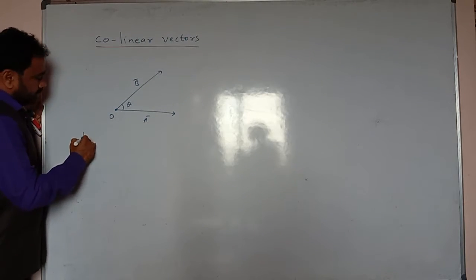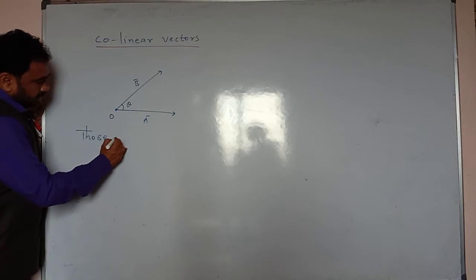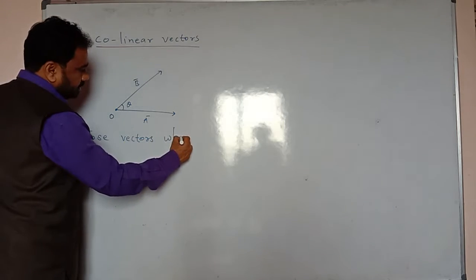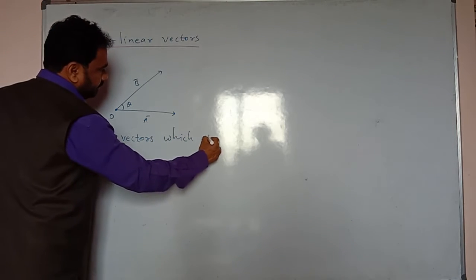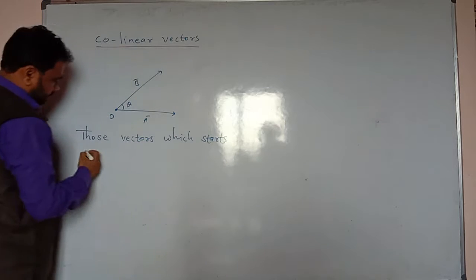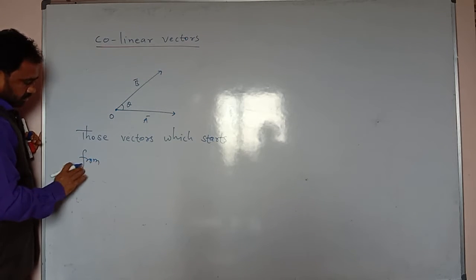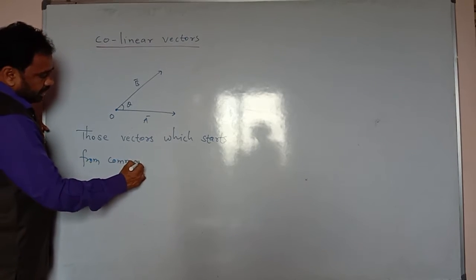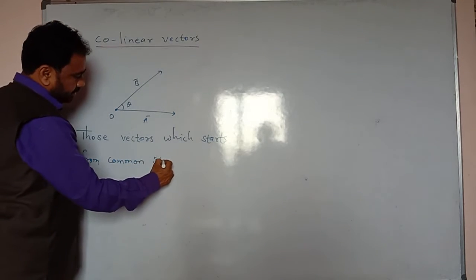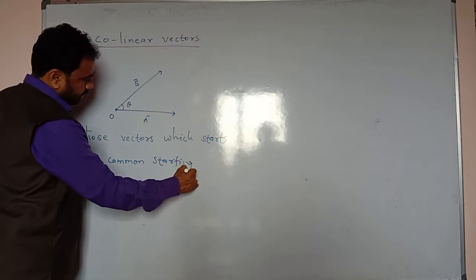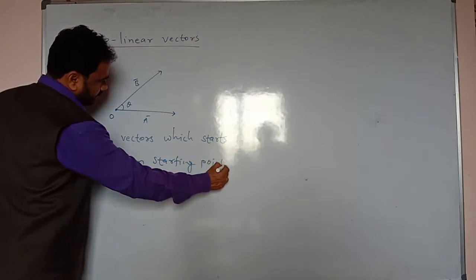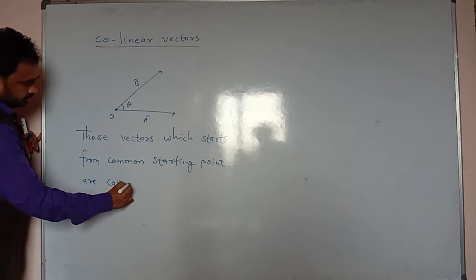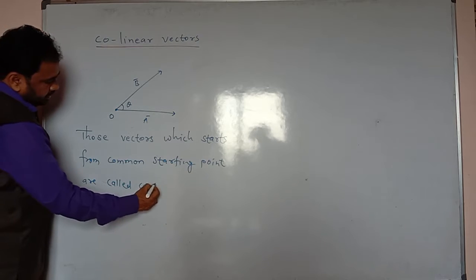So collinear vector means what? Those vectors which start from a common, or we can say equal or same, starting point are called collinear vectors.